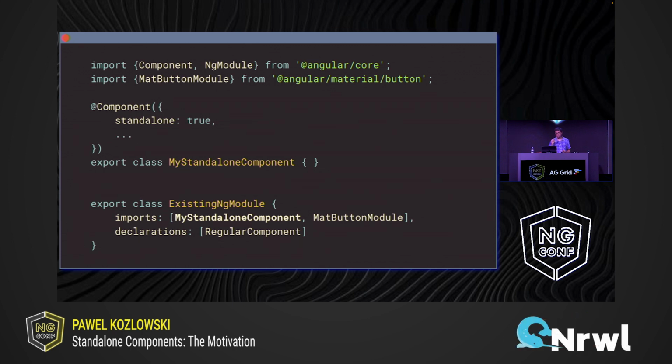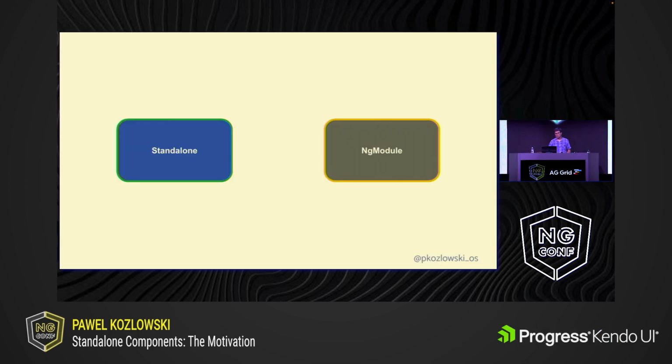But standalone components can also be imported in existing NgModules. The scenario here is applications that still prefer to use NgModules, but want to benefit from the new developments in the ecosystem. If there is a library that was published with standalone components, we still want to make them usable in applications that use NgModules. And this interoperability story is so important to us.